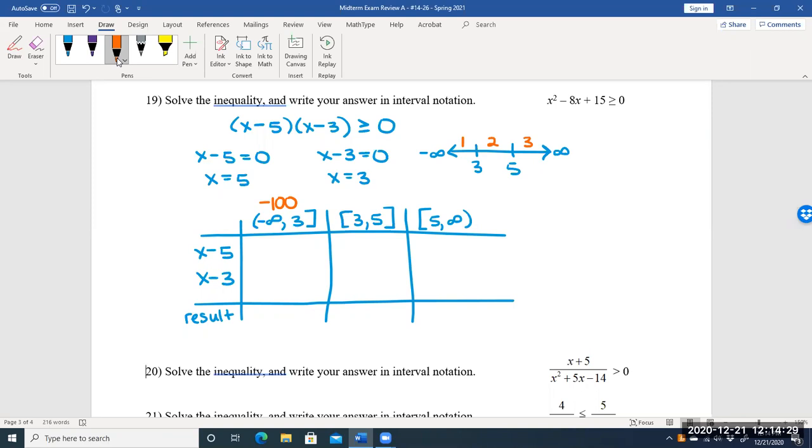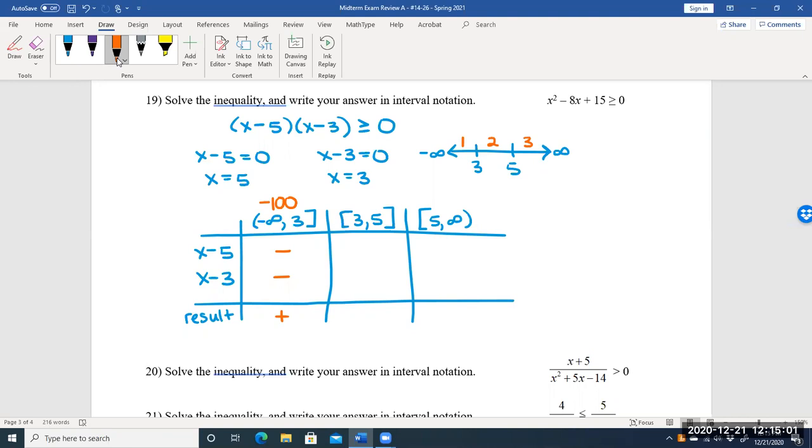So when I plug -100 into the binomial x minus 5 in place of x, I get -105. And all I really care about is that I got a negative. When I plug it into x minus 3 for x, I get -103. A negative times a negative is a positive. So we're multiplying those factors together, and so I would get a positive result in that interval.